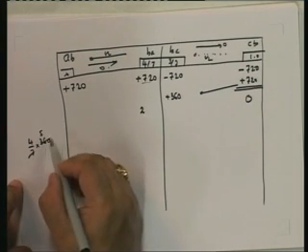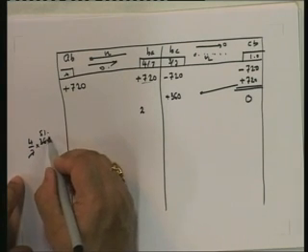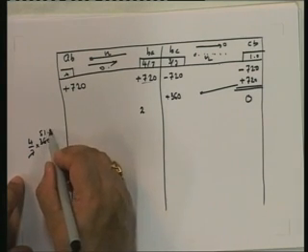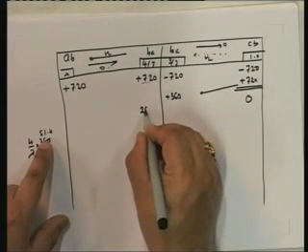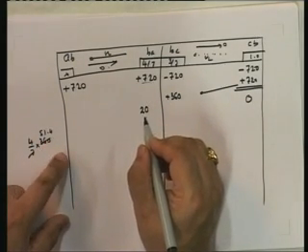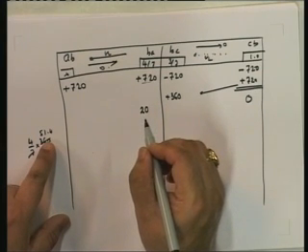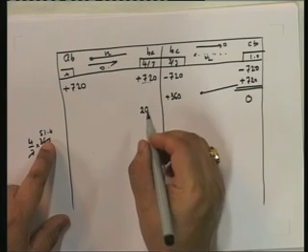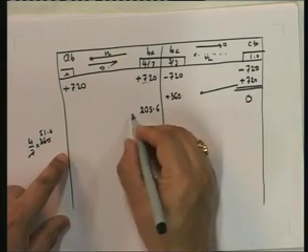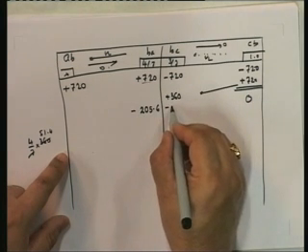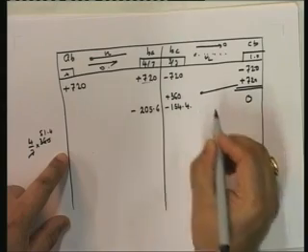This goes 205.6, and so this becomes, this is minus, so this becomes minus 154.4.